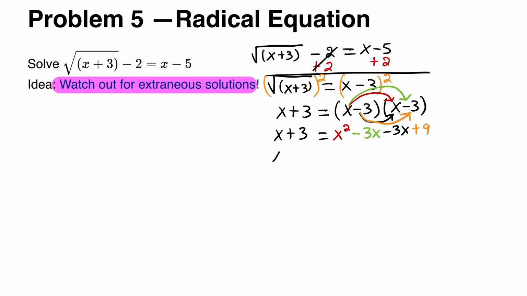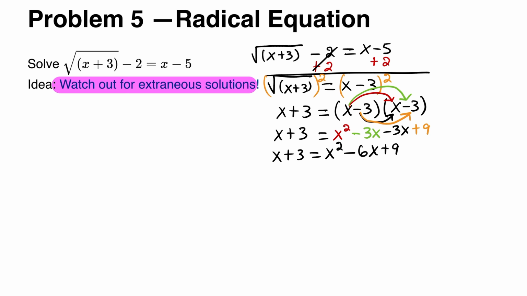Bring down x plus 3 on the left. On the right, we're going to combine like terms, x squared minus 6x plus 9. Okay, so now this is our equation. But the next thing we have to do is rearrange this into standard form.